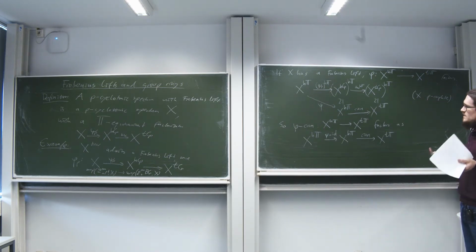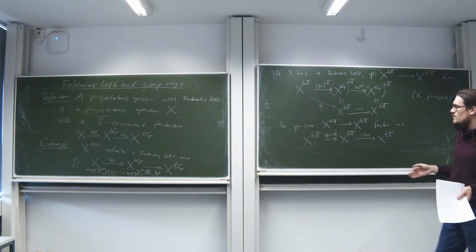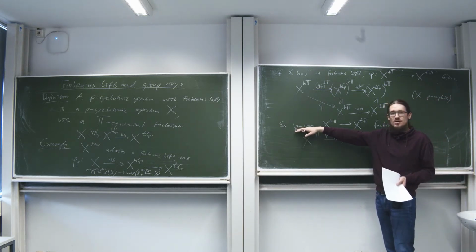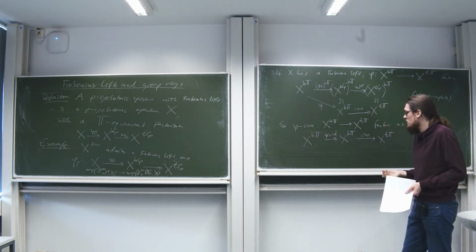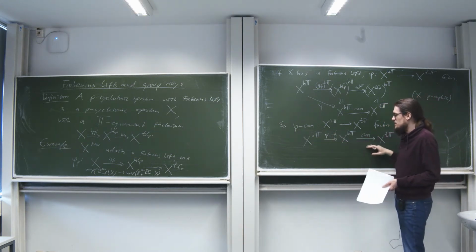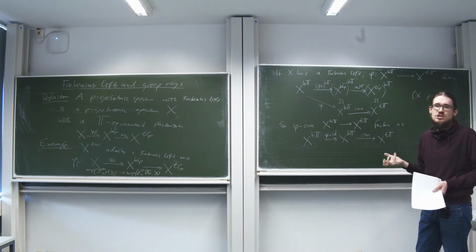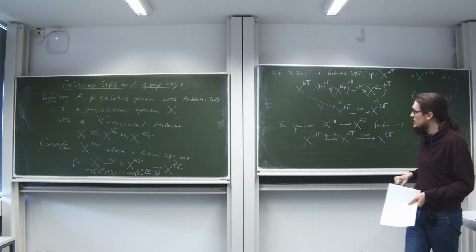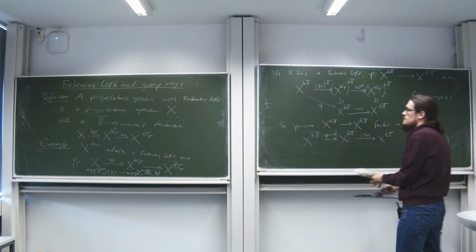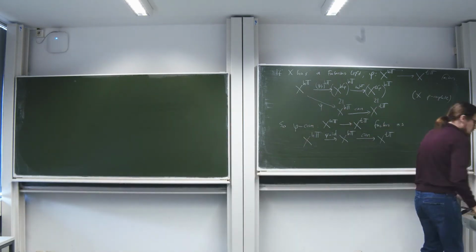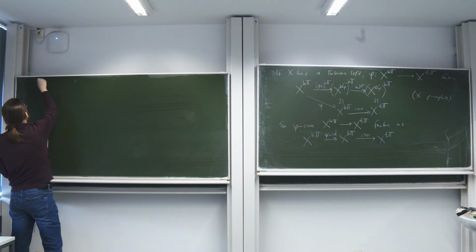Okay, and so TC was defined as the fiber of this map, as the equalizer of phi and can. So you should expect that from this formula, we maybe get to squeeze out a little more information about TC. So let me do that. All right, so here's a theorem.